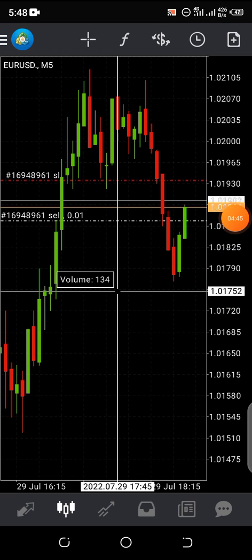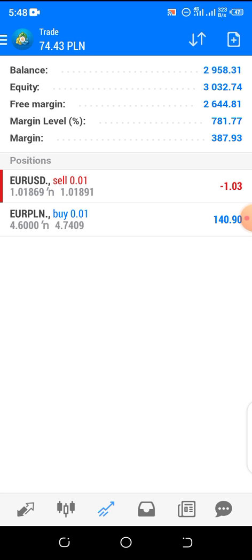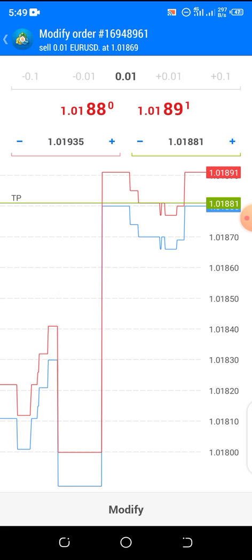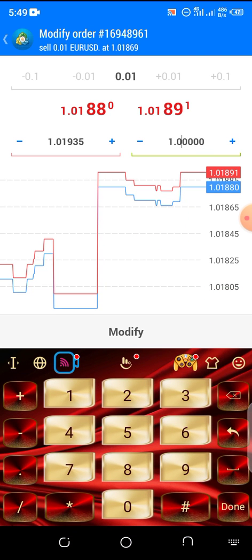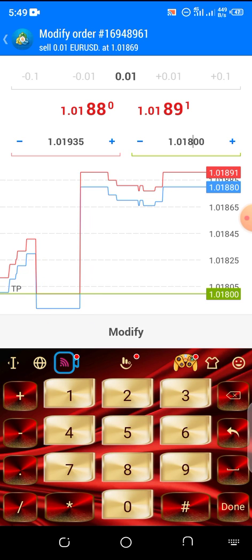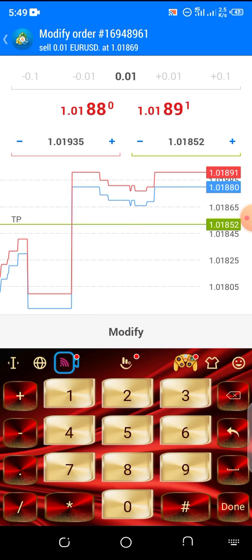That's where I want to take our TP: 1.01752. Now the actual value will be 1.01852. Now we'll go to that trade, click on it, modify, go to TP and change it to 1.01852. I'll click on modify.